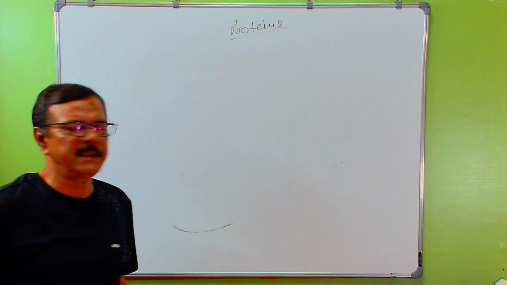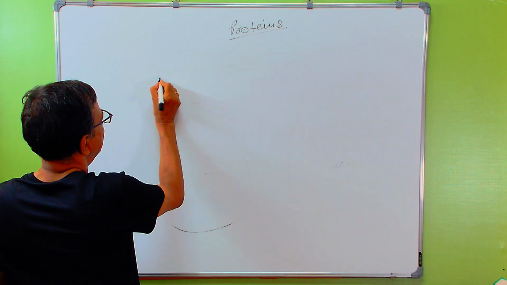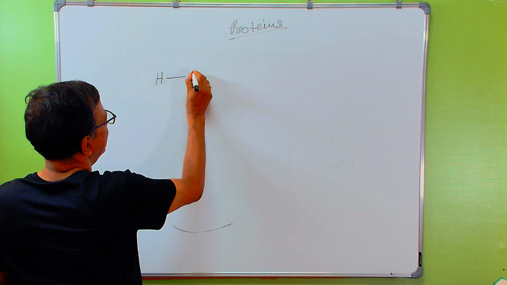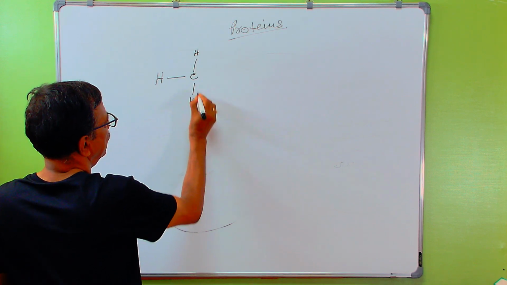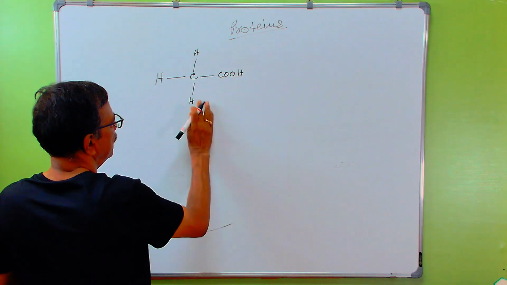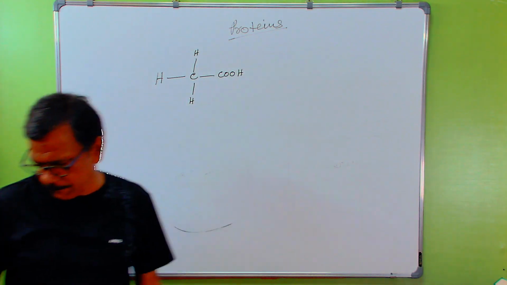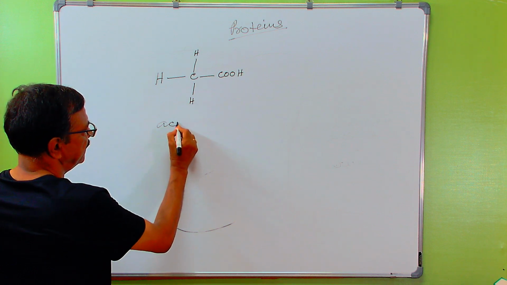Now, proteins are organic acids. This is the formula of acetic acid, let me write.